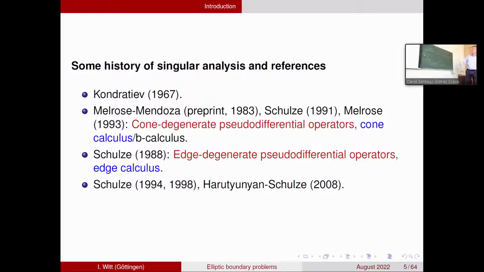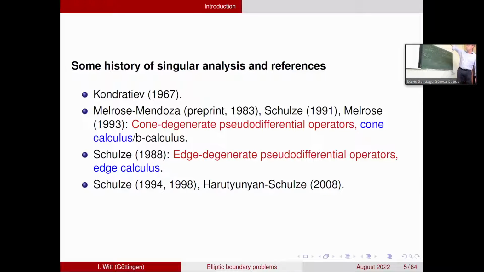Then there was a preprint that was never published, but circulated, by Melrose and Mendoza. It is called totally characteristic operators, which means exactly that. I said cone-degenerate is totally characteristic.